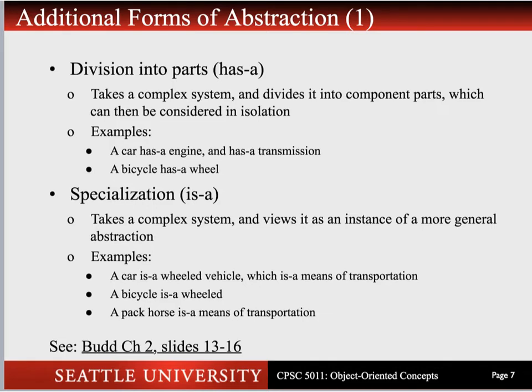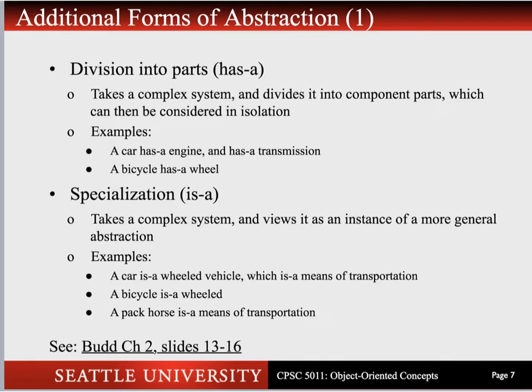What this really allows us to do is, because these components are isolated, one component can be worked on in conjunction or in parallel with other components. This is a promotion then of low coupling, and some examples of this are, for example, a car has an engine and that engine has a transmission. A bicycle also has a wheel.